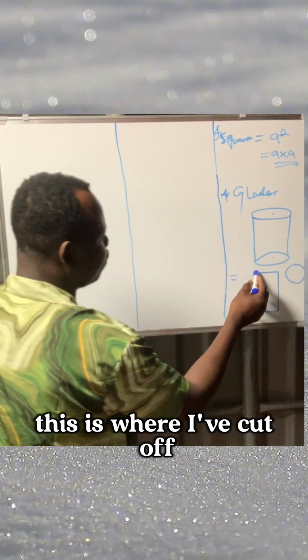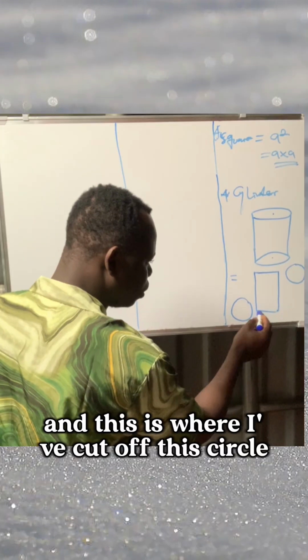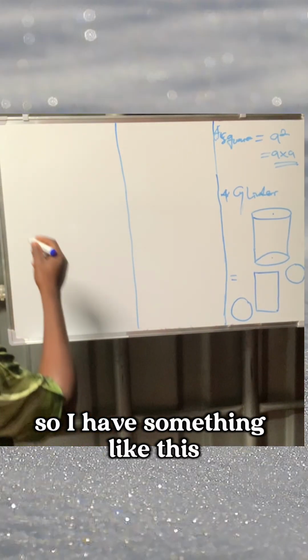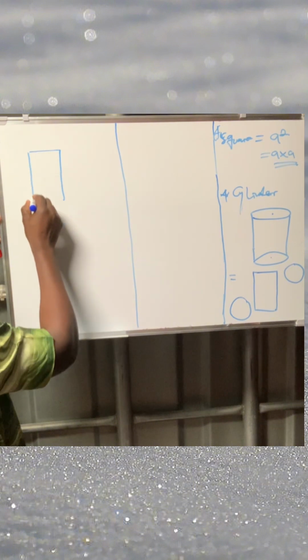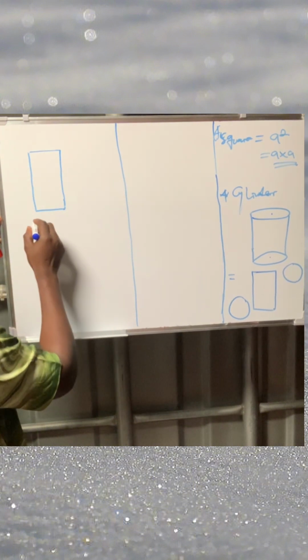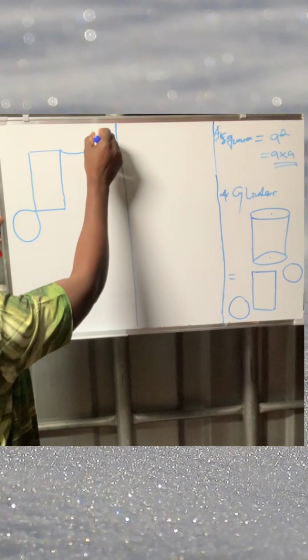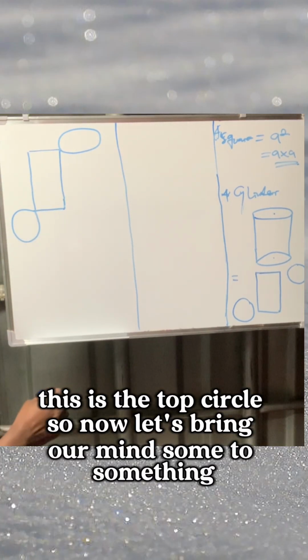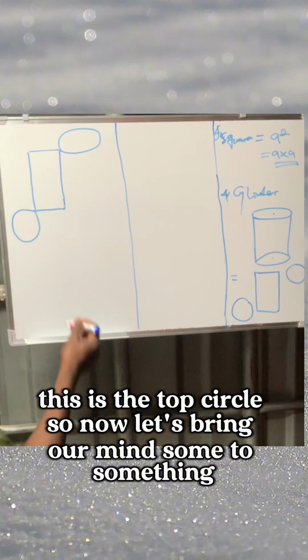So let's look at something. This is where I've cut off this circle, and this is where I've cut off this circle. So I've had something like this, very simple. This is the top circle. So now, let's bring our mind to something.